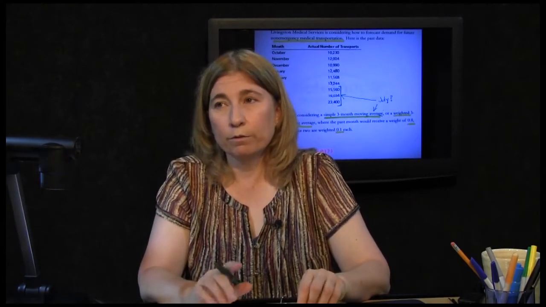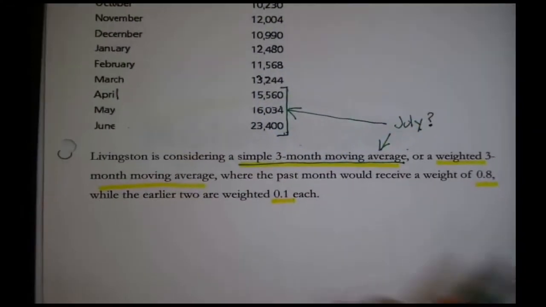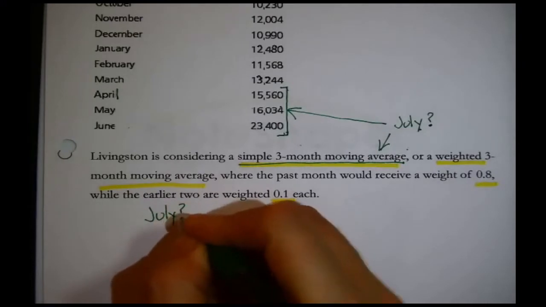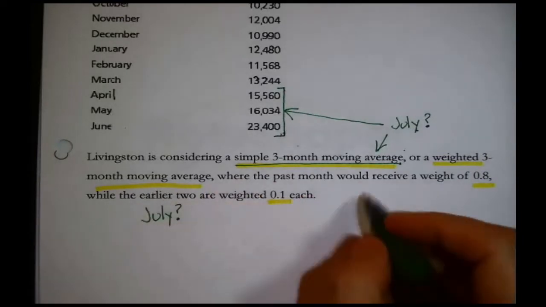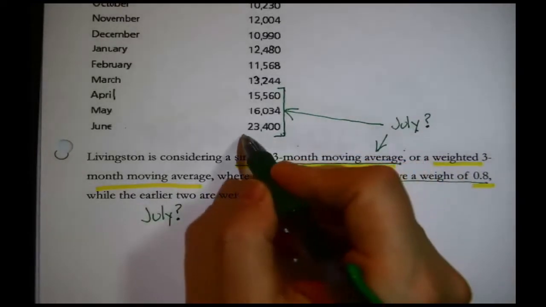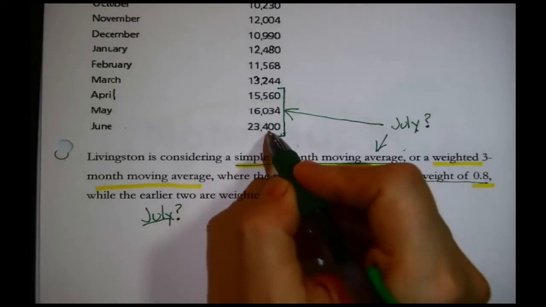Likewise, a little review. Do you remember weighted moving average? What if the question was July? Given this information, what would the forecast be for July using a 3-month weighted moving average? See, there's room for some scratch work here. The past month would receive a weight of 0.8. If July was the question, the past month would be June.